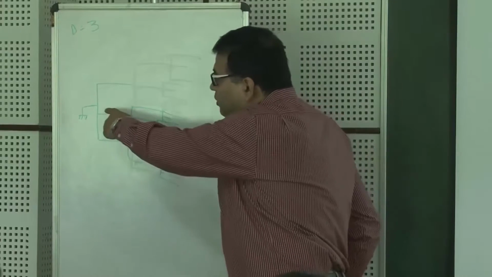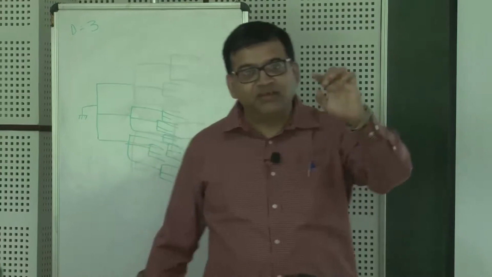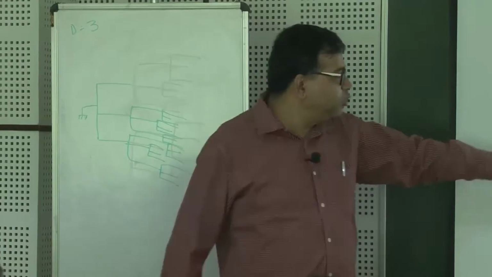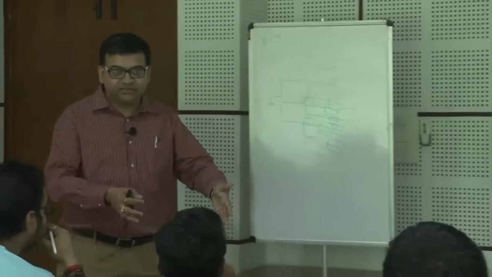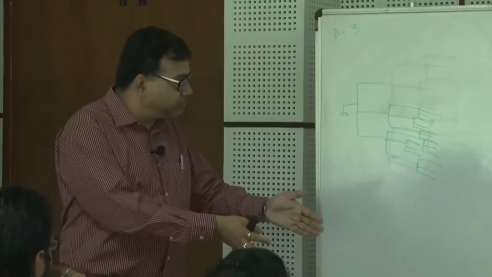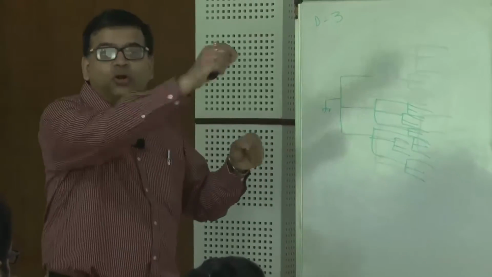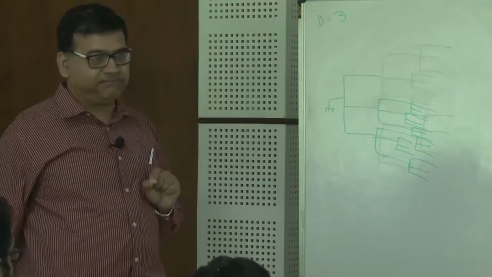If you look from the root to the leaves, there is a unique path, so you can map it to a unique prefix-free code. Since no code word is a prefix of any other code word, you would not find any other code word in the path from root to the leaf.